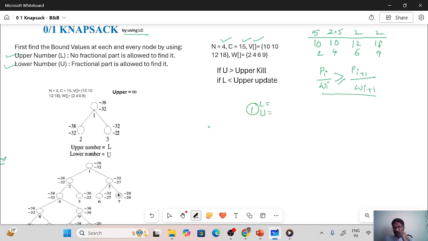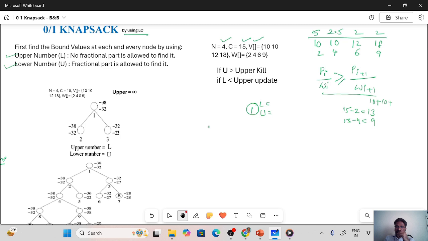Initially our knapsack capacity is 15. What is the first item weight? 2. 15 minus 2, what is the remaining free space in the knapsack? 13. As of now, what is the profit we are getting? First item profit 10 plus 13. What is our second item weight? 4. So 13 minus 4. What is the remaining free space? 9. What is the profit you are getting after adding the second item in the knapsack?